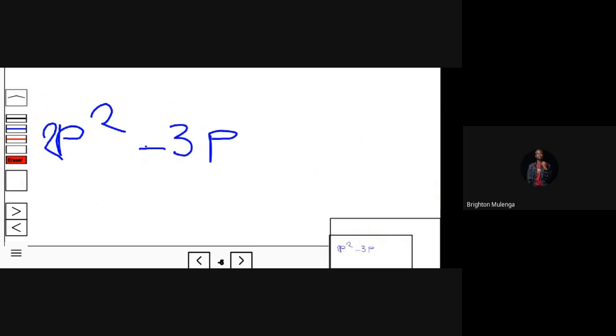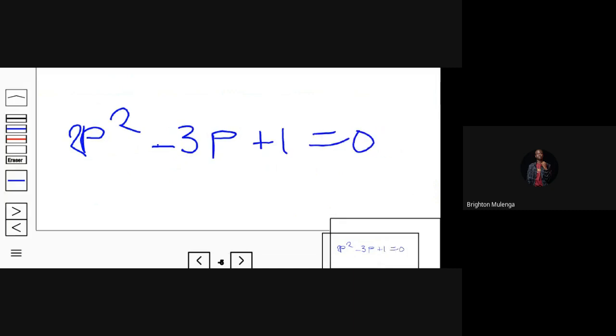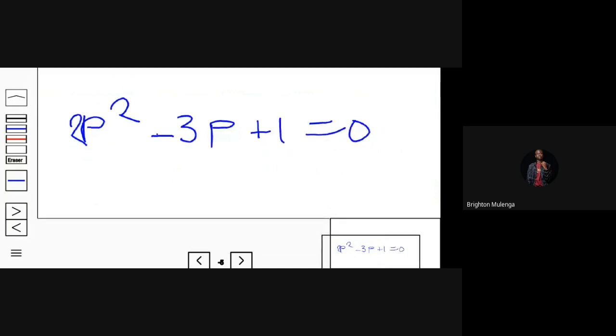Then plus 1 there. Then we know that's a quadratic equation. We can just find the factors. So what could be the factors there? 2 and 1, negative? So they are all negatives or positive? All negatives.